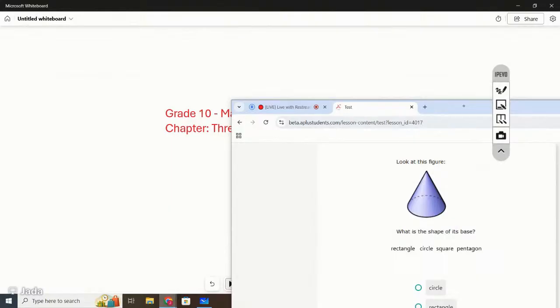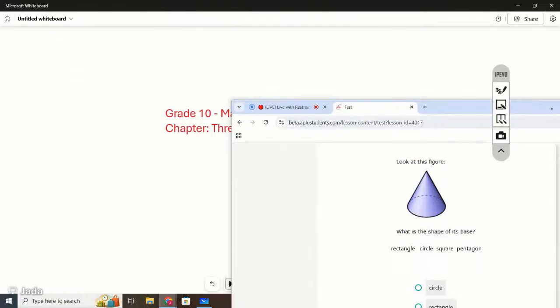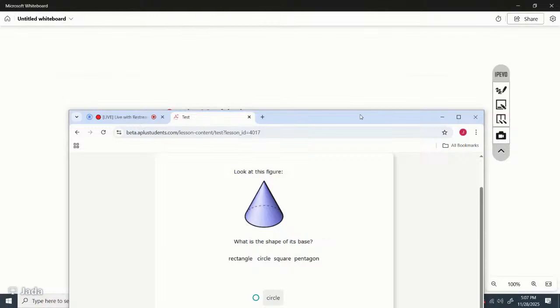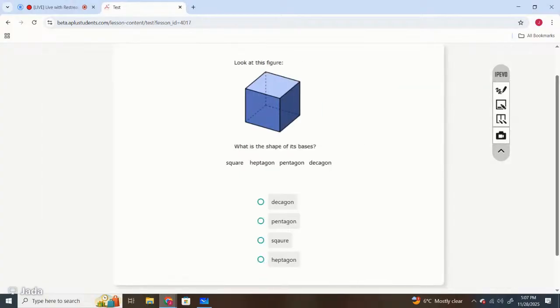The correct option is circle. The base of the shape is the circle. Look at this figure. What is the shape of its base? So which is the correct option?